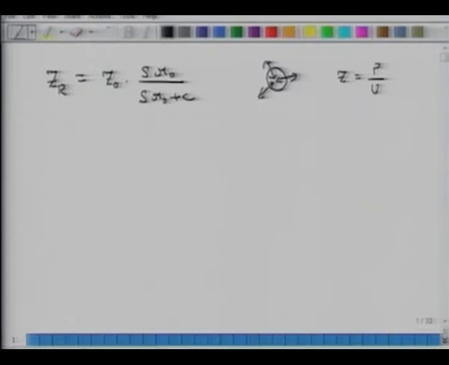The question we had posed in the last class was: if I have this impedance in my acoustic circuit, and I have to break it up into small resistors, capacitors, mass elements, inductors, how will I do that?